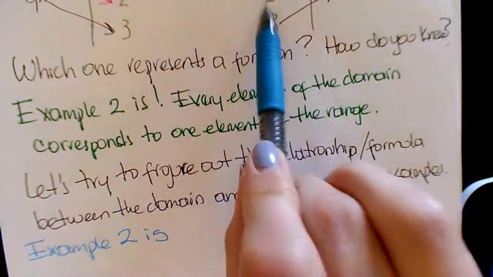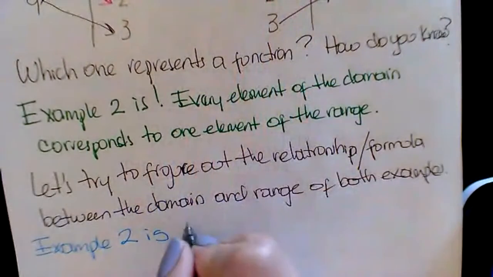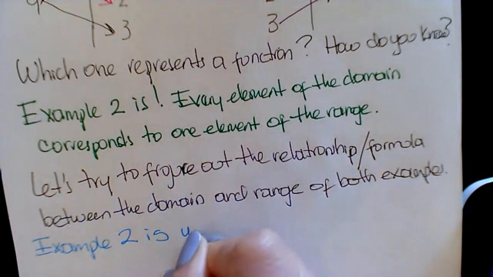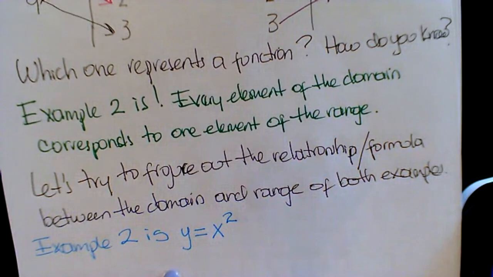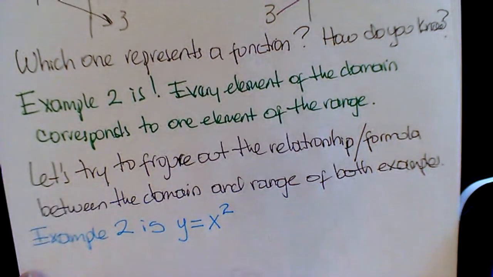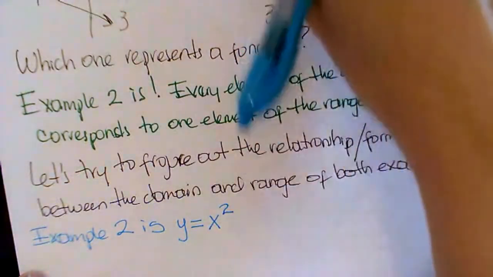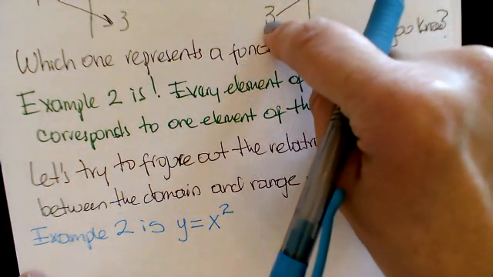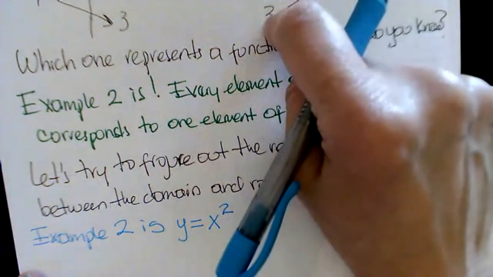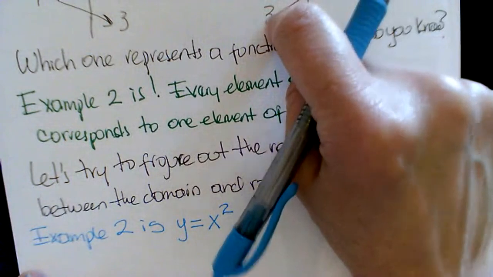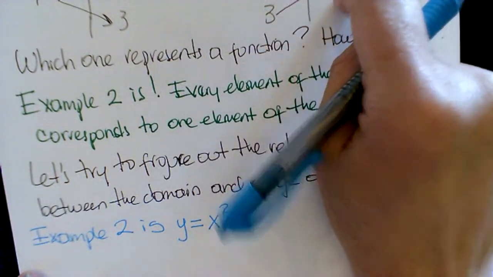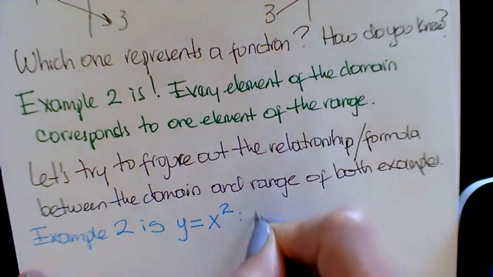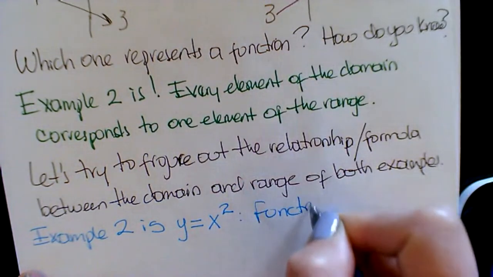So it seems like y is equal to x squared. You see that? This is the x, and it seems we need to square this number. And we said this one was the function.